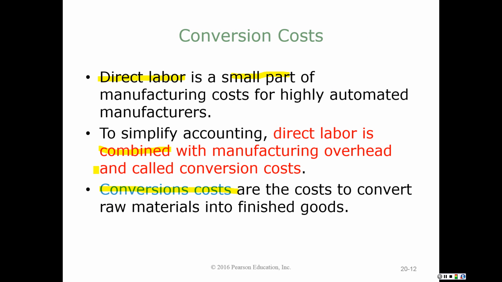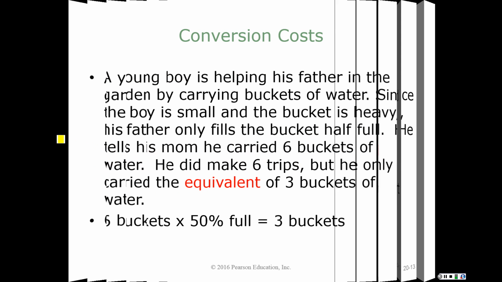So as we're moving through the process costing system, instead of tracking materials separate from labor, separate from overhead, we're only going to track materials and conversion cost. The conversion cost will include labor and overhead. It just simplifies it for us a little bit. So we're only tracking 2 categories instead of 3, but we're still tracking material, labor, and overhead.